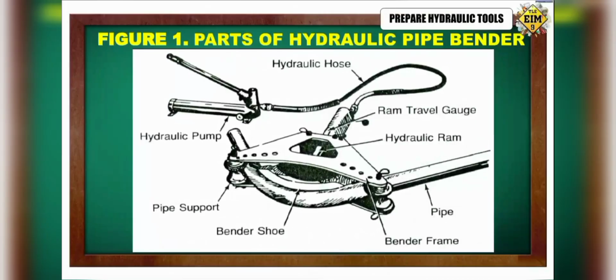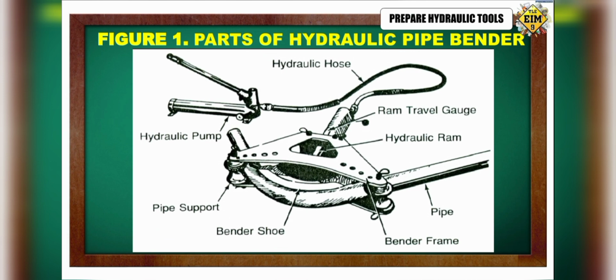So, ito po yung typical na example of a hydraulic pipe bender. We have the hydraulic pump, which is ito yung location na to. Itong side na yan is where the hydraulic oil is compressed or pressurized dahil dun sa mismong handle nung pump natin.